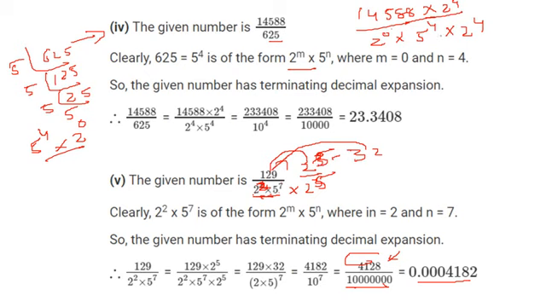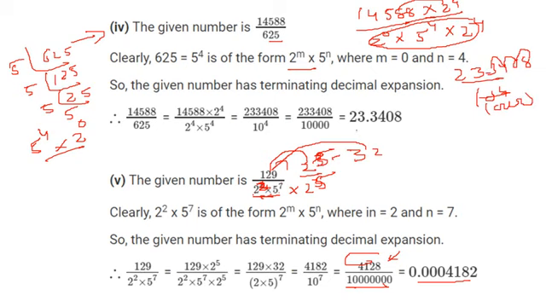So here you get 10 to the power 4 in the denominator, and numerator 14588 into 2 to the power 4. 2 to the power 4 is 16. So when you multiply this, you get 233408. So this is 10 to the power 4, which is nothing but 10,000. So 1, 2, 3, 4. 23.3408 will be the decimal expansion.